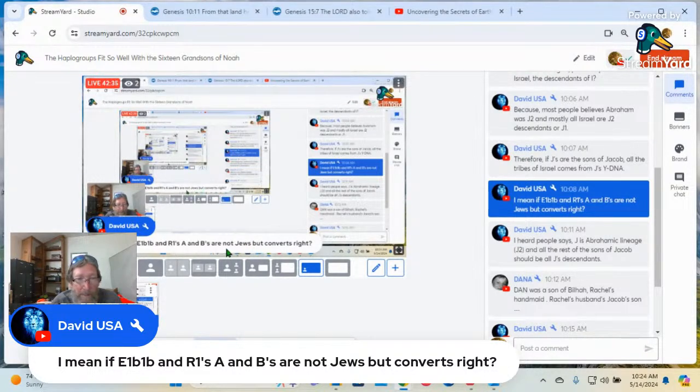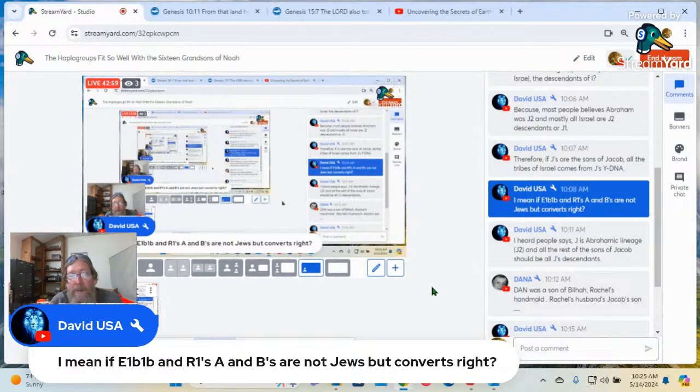For all intents and purposes, the major group that has the T haplogroup is the Portuguese community, which is closely associated with the Tarshish group, which is a descendant of Javan. That's why it's a T. That's why the Jewish people have a T in their population.